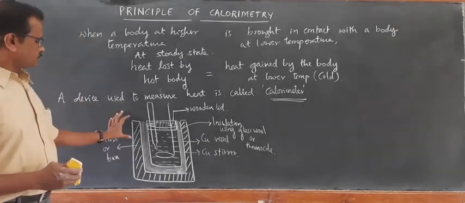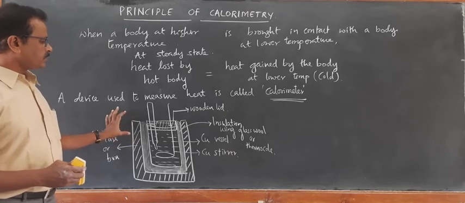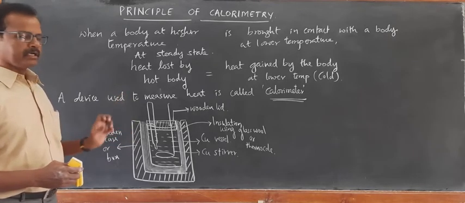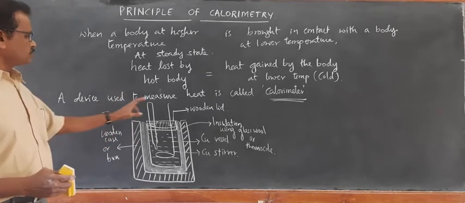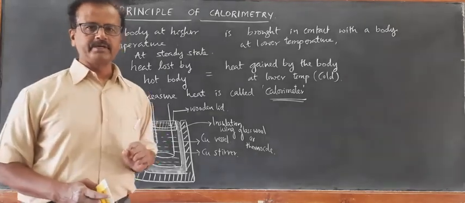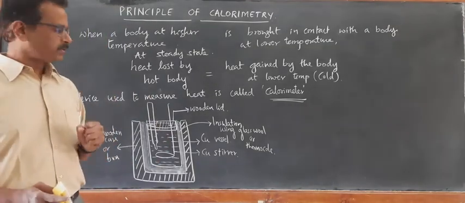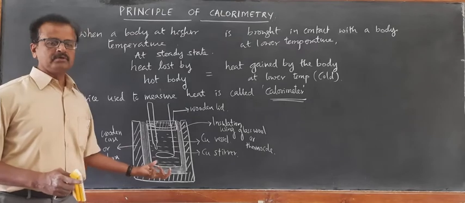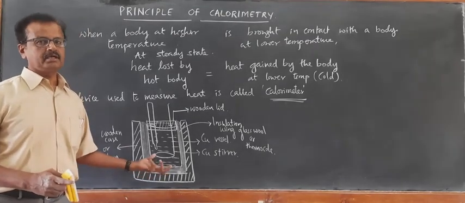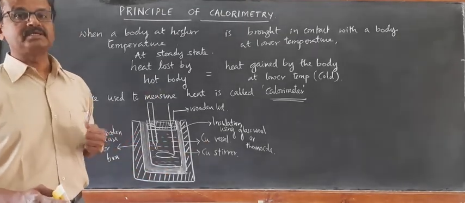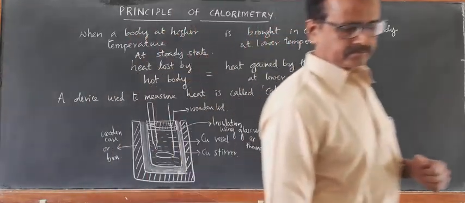So this system lets us measure heat, and the device used to measure heat is called a calorimeter. Let us see one example of how a calorimeter is helpful in the measurement of heat and of specific heat.